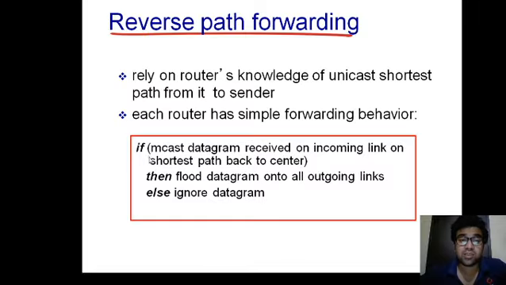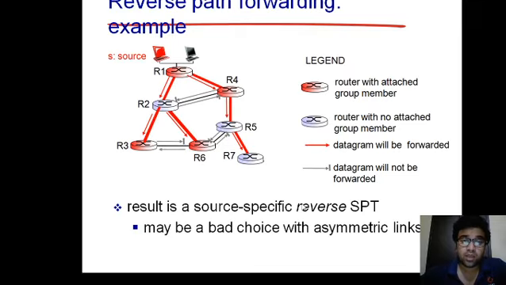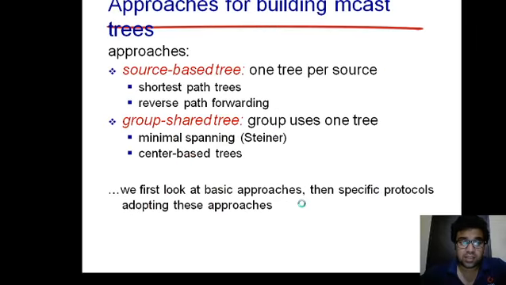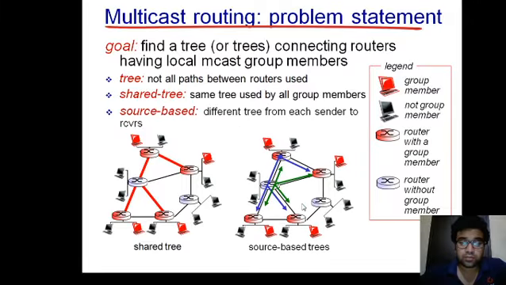It clearly says over here that if a multicast datagram is received on the incoming link on the shortest path back to the center, then flood the datagram onto all outgoing links, else ignore the datagram. So these are the two approaches for creating source based trees for multicast routing. Now reverse path forwarding, let's check these things out.